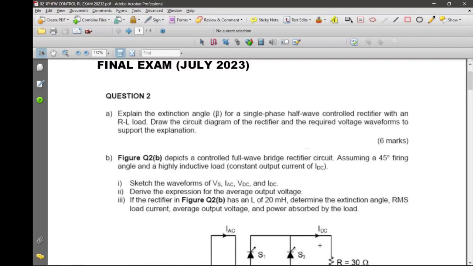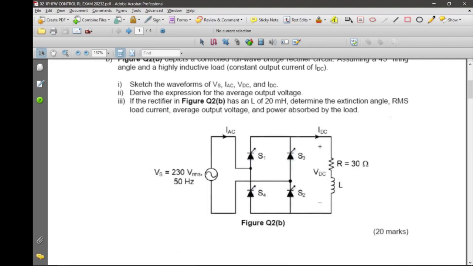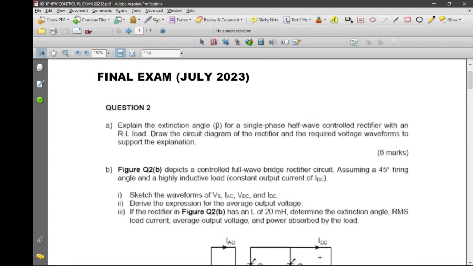This is last semester's final exam question, the July 2023, under question 2, and this is more questions on the control rectifier with the R plus L conditions. The first part A asks to explain the extinction angle beta for a single phase half wave control rectifier with an RL load, and then draw the circuit diagram of the rectifier and the required voltage waveforms to support the explanation.